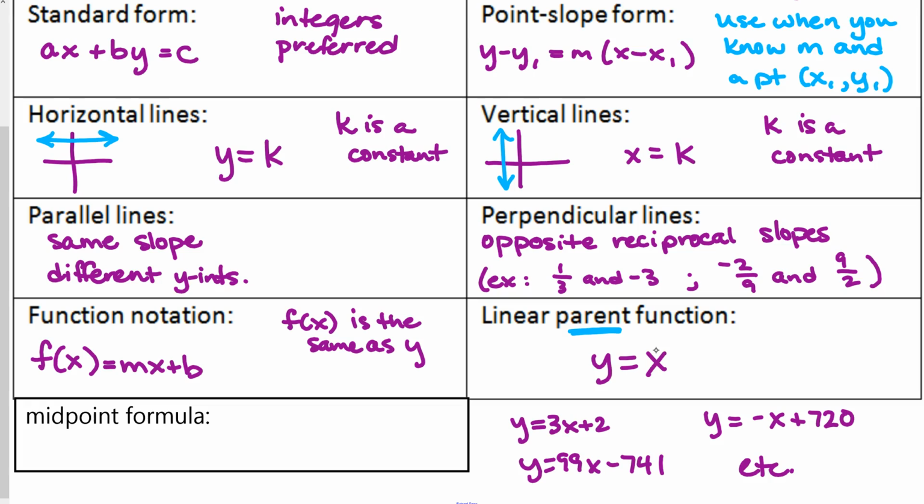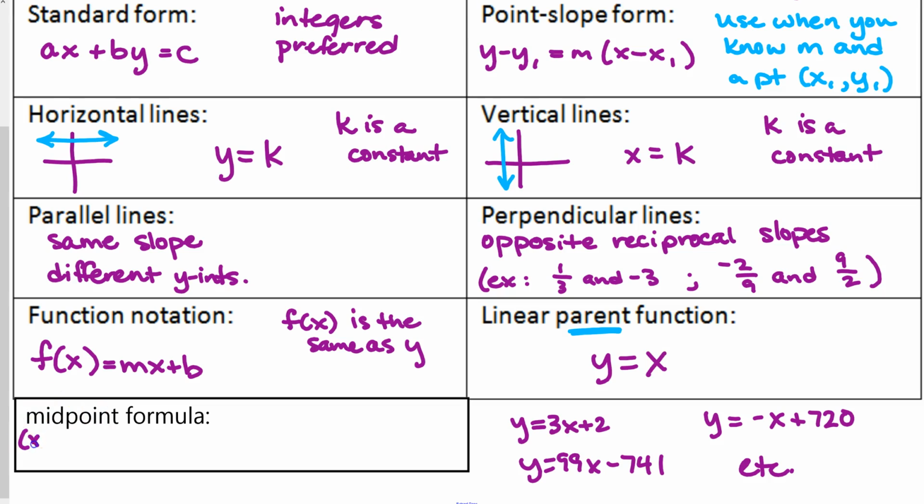Okay, now let's throw in the midpoint formula, because you may end up needing to find, say, a perpendicular bisector of a line, and so you might want to find the midpoint between 2 points. The midpoint is going to be the average of the x-coordinates and the average of the y-coordinates.